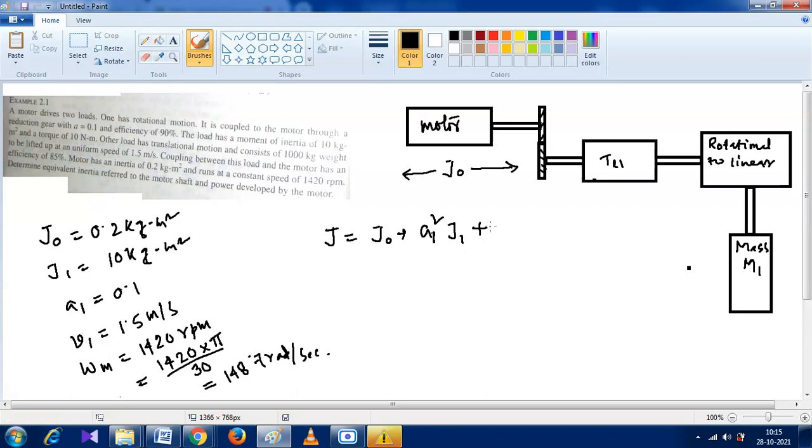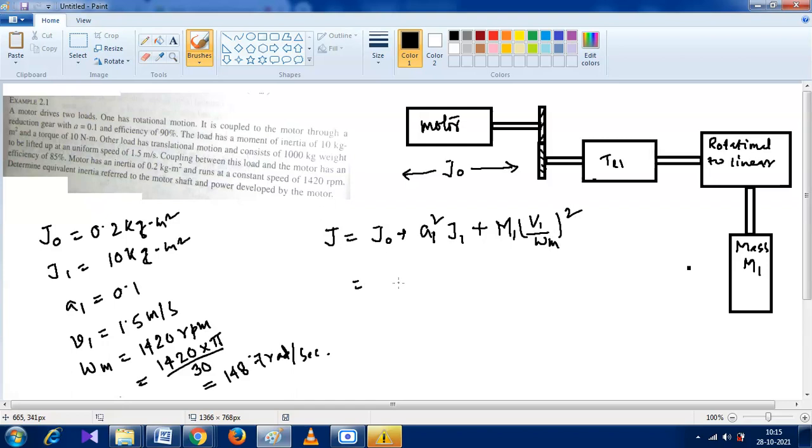After that, what should be the equation? In the second case, what is the formula of the moment of inertia of the last part? J is M1 into V1 by omega m, whole square. So now calculate the value.